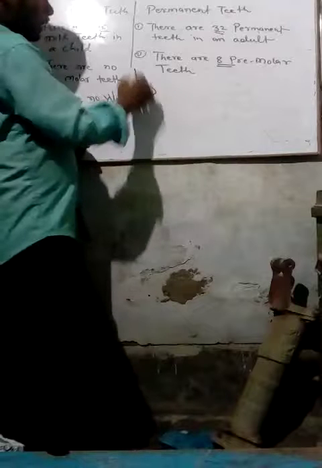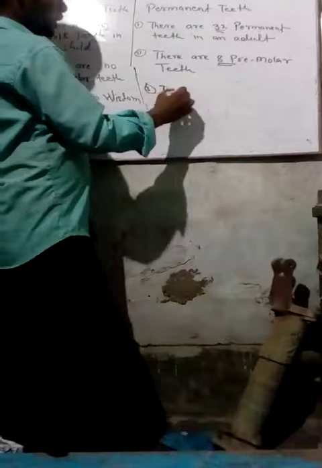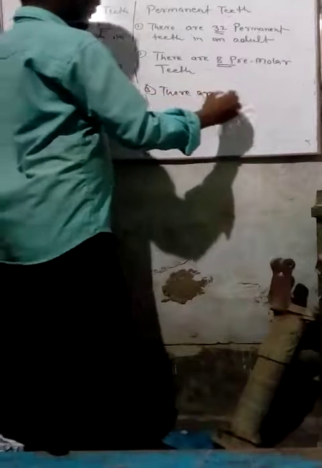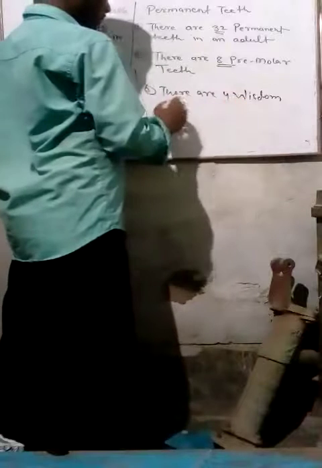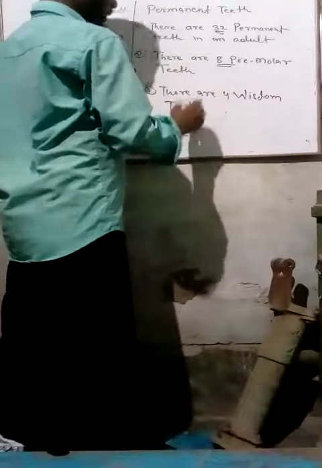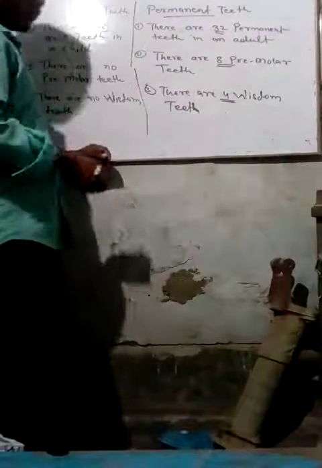And in permanent teeth there are 4 wisdom teeth. Right? How many wisdom teeth are in permanent teeth? 4. But there are no wisdom teeth in milk teeth. Right?